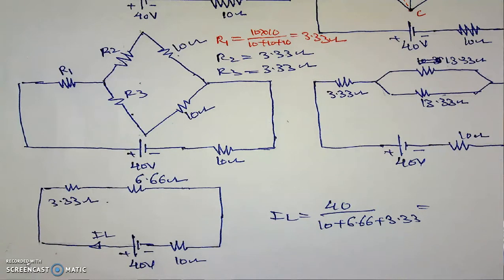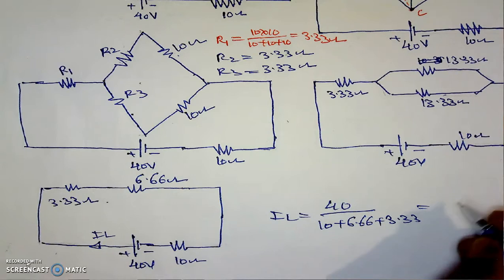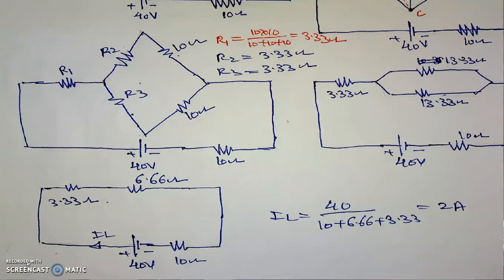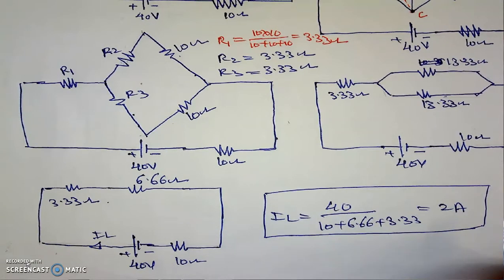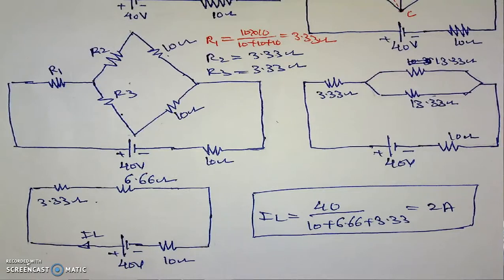I will close the bracket. It is 2 amperes. You see here 2 amperes is the current flowing through the load resistance by using this type of combinations. The important thing in this case is how to calculate the total resistance between the terminals, that we have tried to cover.